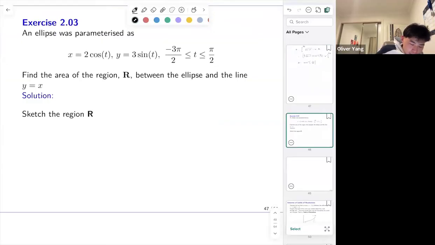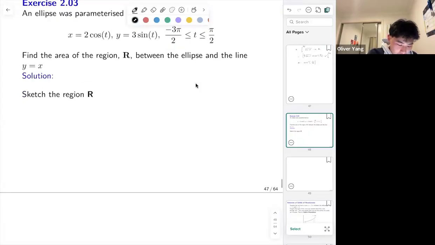So we've got a parameterization here, which makes things a bit harder, especially since I've given you some bounds instead of t. You're going to have to work out where it goes from.